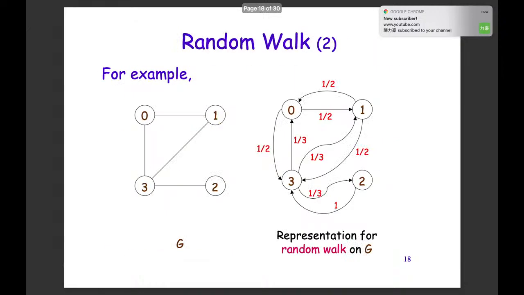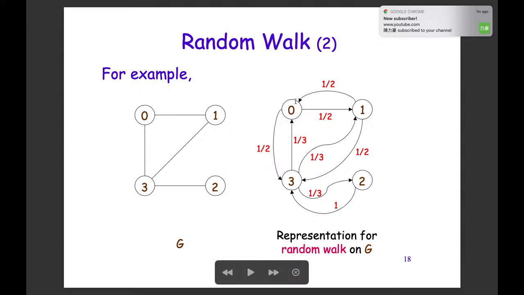So if we look at this example, this has degree 2, this has degree 2, this has degree 3, and this has degree 1. For this graph, the random walk will have a stationary probability that is proportional to the degree.